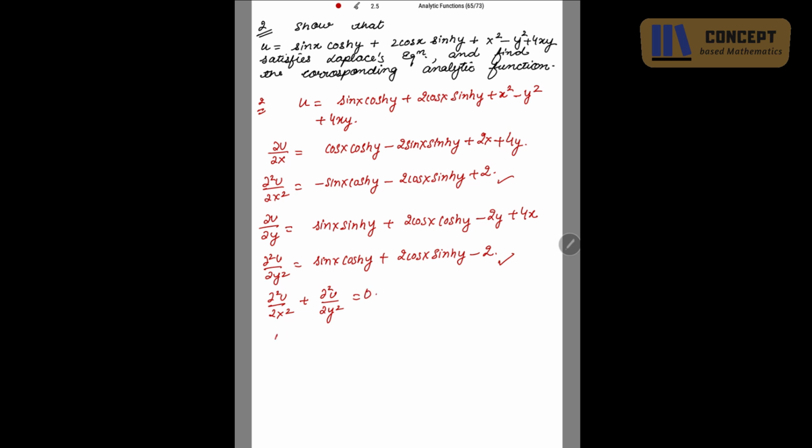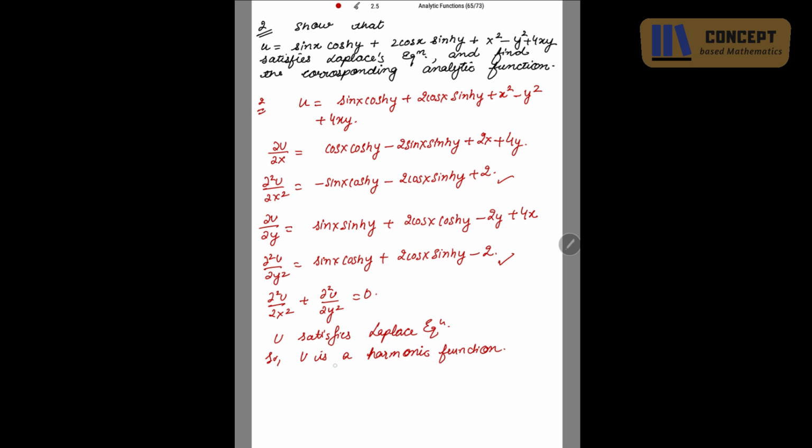Hence, u satisfies Laplace's equation. So u is a harmonic function. In a question, it may ask to show u is a harmonic function or show u satisfies Laplace's equation. One and the same thing.